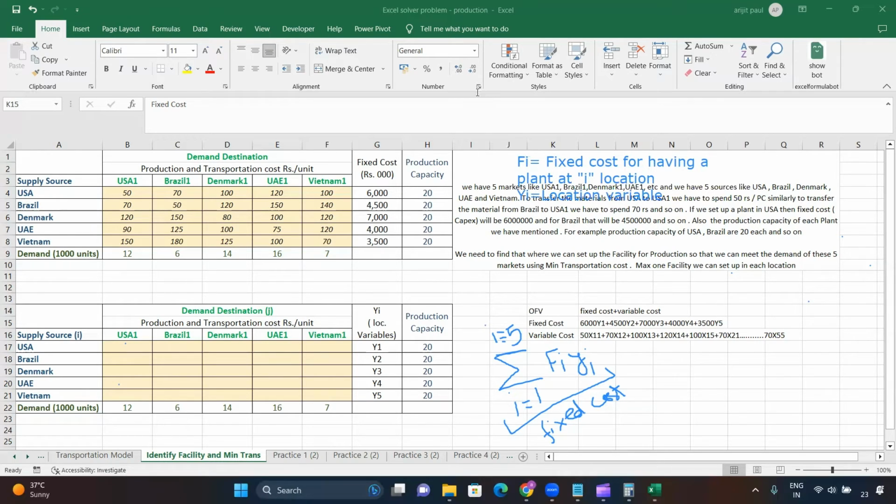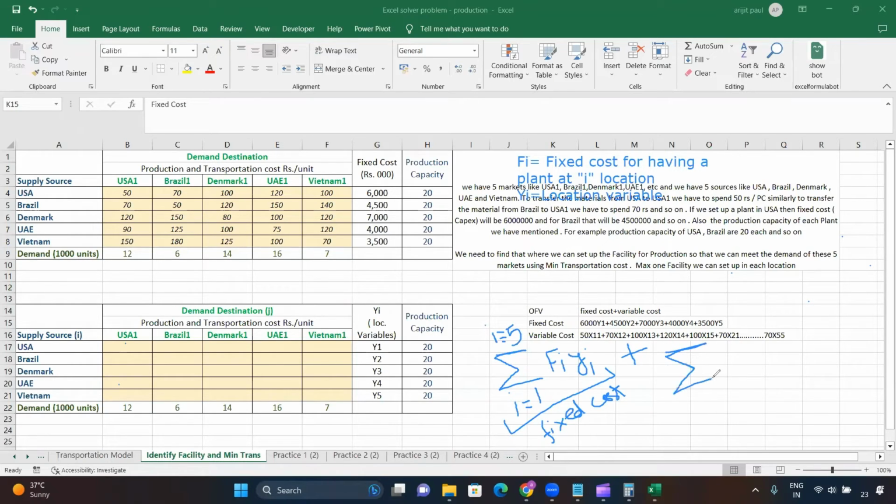Now for the operation cost, what can we mention? Fixed cost plus variable cost, that becomes our objective.